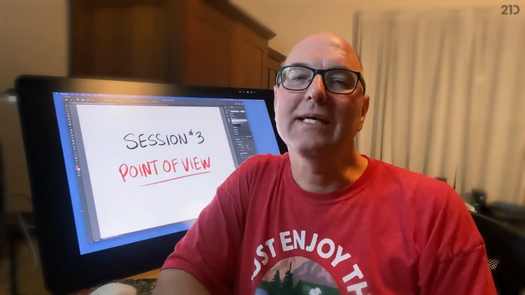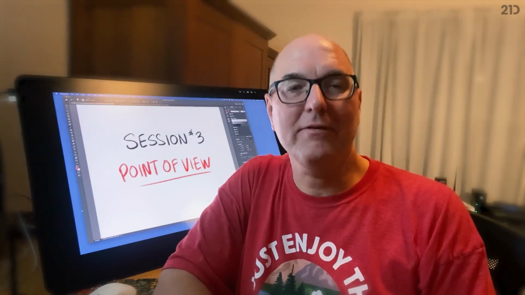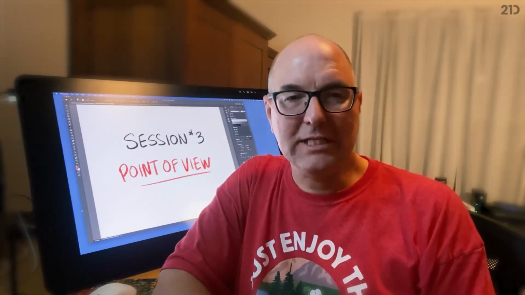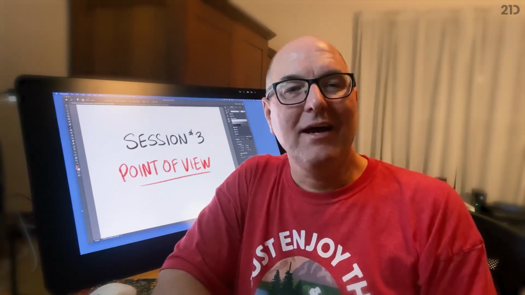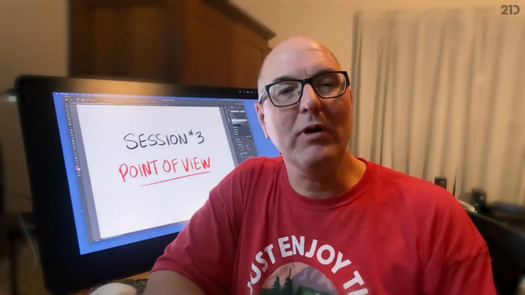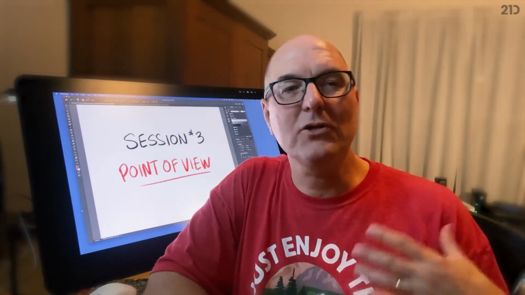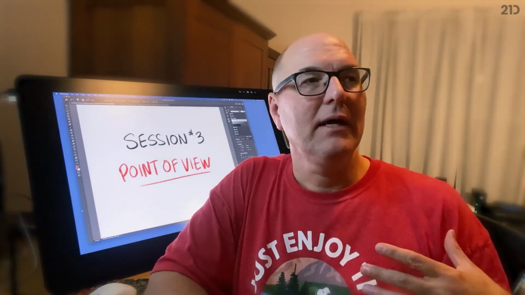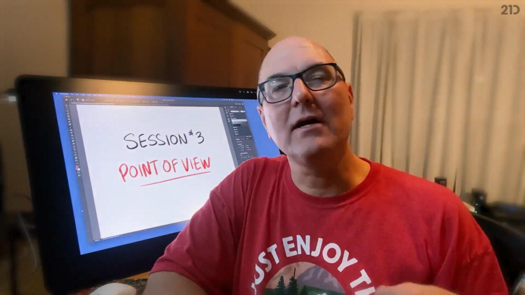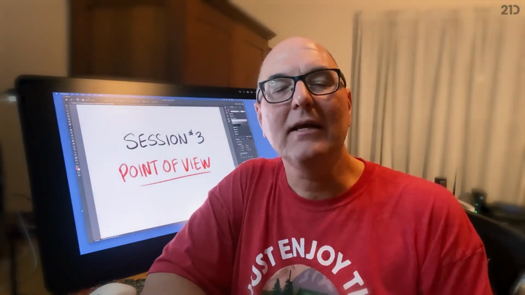Session number 3 is an interesting one because this is where we're going to start to talk about point of view. You as the storyteller, you as the artist, have a point of view, what we call a POV. We'll get more into that in a moment. But a point of view is how you see your story, what your take is on it, your way of seeing something and presenting it.